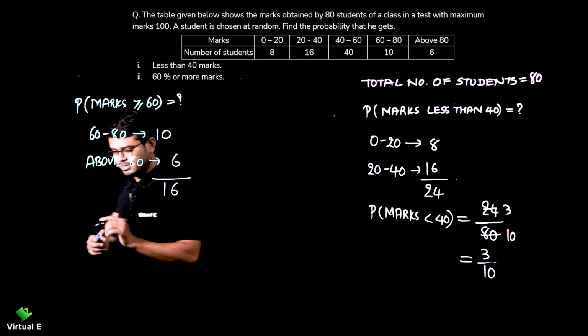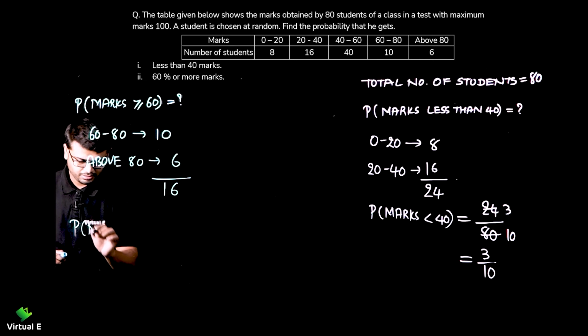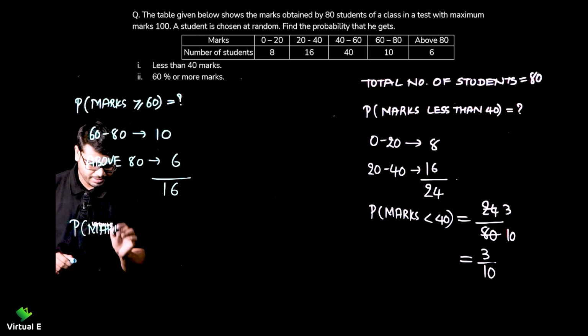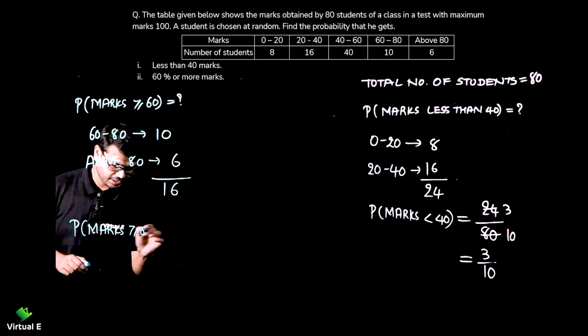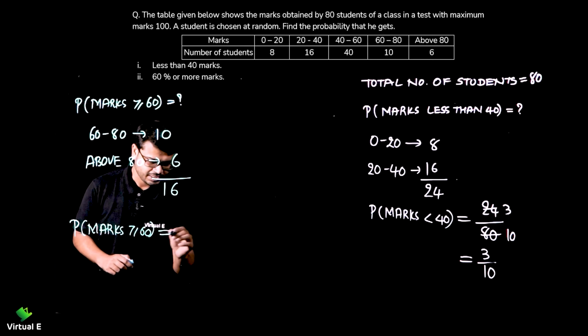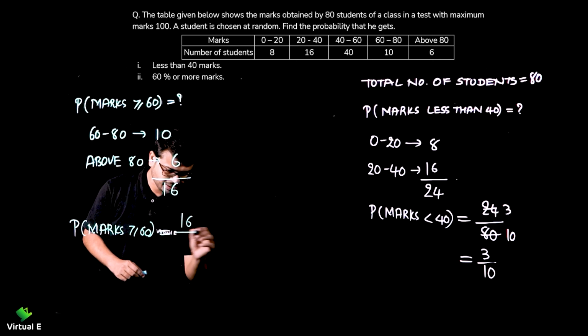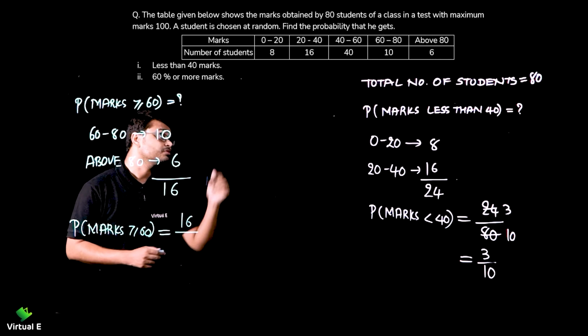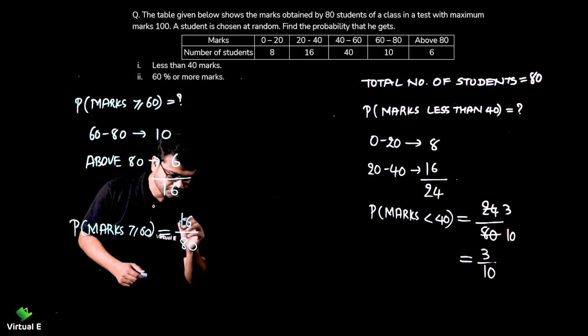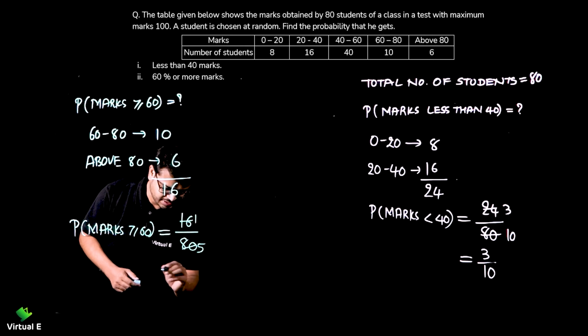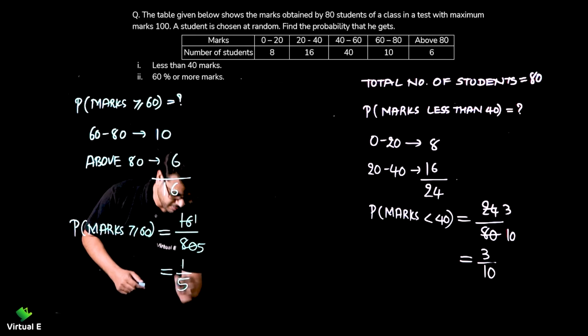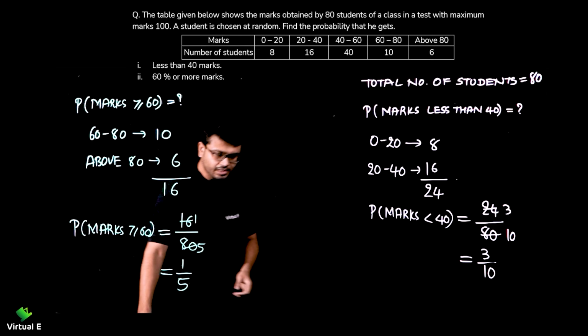Now for the probability. The probability of marks greater than or equal to 60 is, the number of students is 16 and the total number of students is 80. So 16 ones are and 5s are. So that is 1 by 5, right?